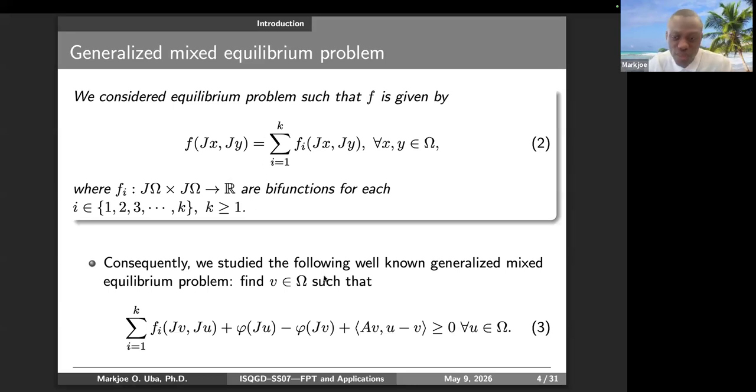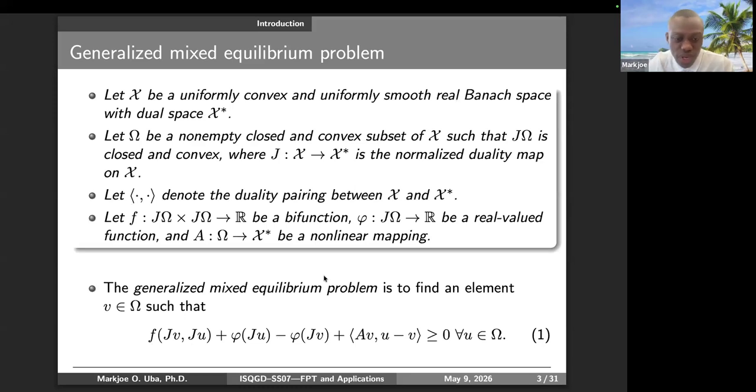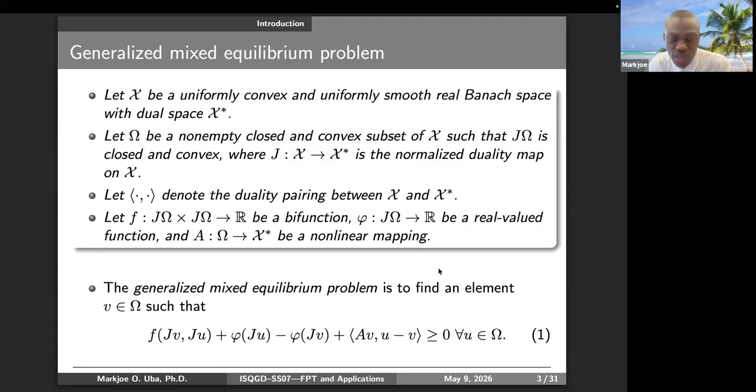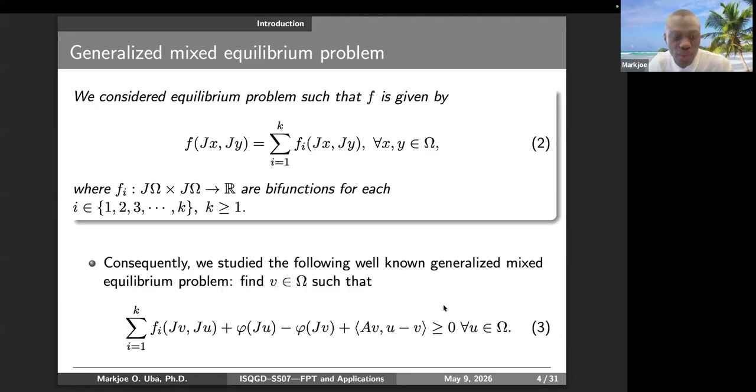With that, if we look at equation 1 again, we are redefining this F in this new work to be this finite sum. So instead of studying what we have in 1, we are now looking at equation 3. So the generalized mixed equilibrium problem we are solving here will be the one given in 3, not the original one given in 1. So here we have multiple finite family of bifunctions.